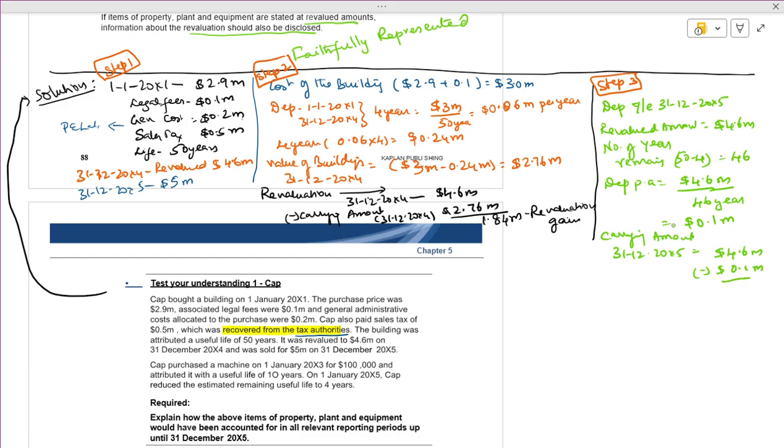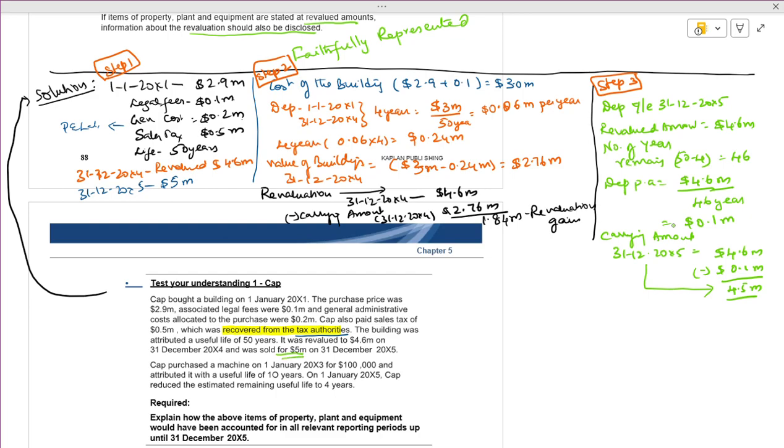Okay, this is the depreciation. How much is the carrying amount as on 31st December 2005? After depreciation, it is going to be 4.5 million. Okay. $4.5 million.